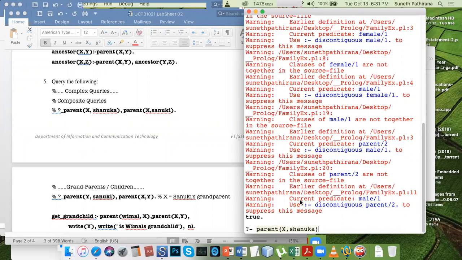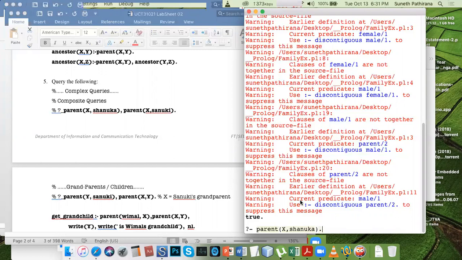Shanuka, all simple. This means find corresponding X values where X becomes a parent of Shanuka. That means if we put a punctuation mark, X will be Shanuka's mother and father.